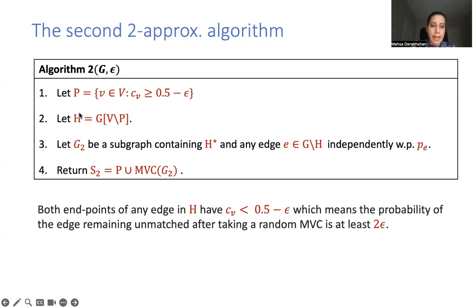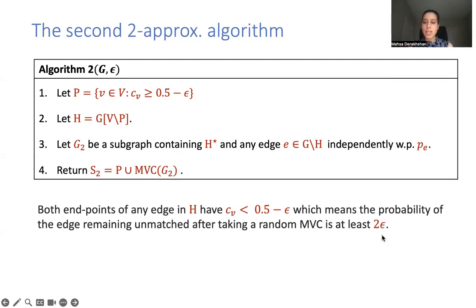let's observe that any edge that is not covered by P has 2 endpoints, both of them having C_v smaller than half minus epsilon, right? Which means this edge itself is covered by the optimal solution with probability at most 1 minus 2 epsilon, right?